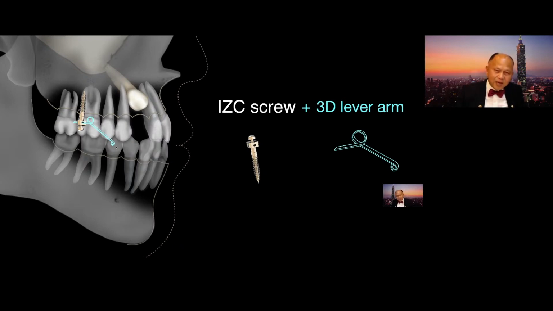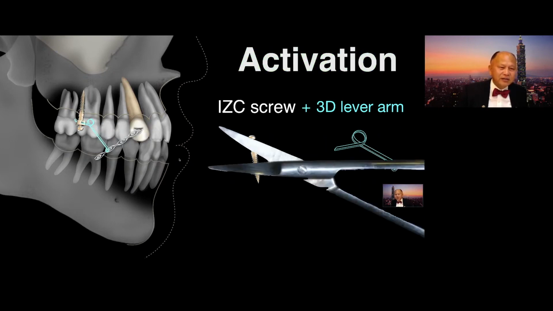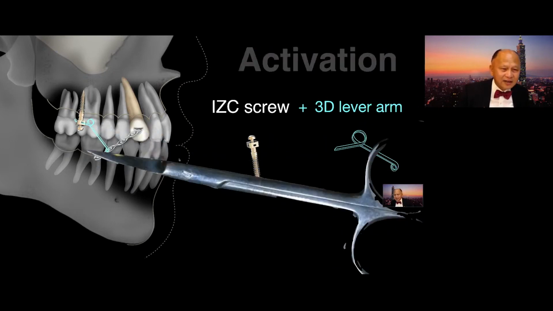I use 19 by 25 stainless steel. This 3D lever only took me 1 minute to bend. That's it. Attach to the button with the power chain and activate it. How to activate? As I mentioned, you can stretch the power chain and cut the extra. Oh, it only took me 10 seconds.